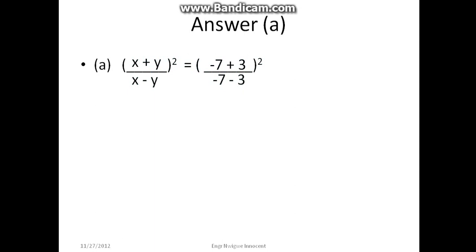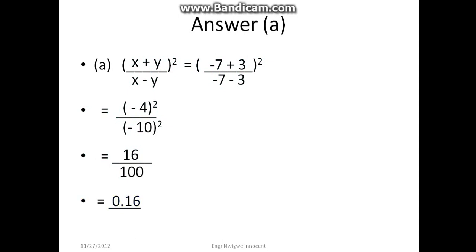Then if we do the mathematics, what is in the bracket will become minus 4 in bracket squared over the denominator. What we have at the denominator will become minus 10 squared. Then if you open the bracket, we have 16 over 100, which is the same thing as 0.16.